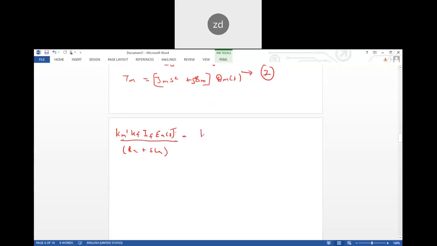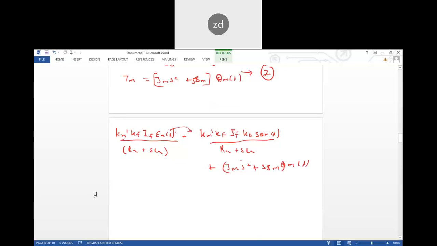So I can write this as Km dash Kf If Kb s theta m(s) over Ra plus sLa, equal to Jm s square plus s Bm, and the common term there would be theta m(s). So I have compared these two equations, writing this torque equation on one side.